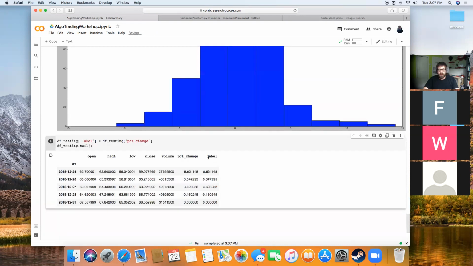So I just have another column here, which is a copy of the percentage change. And now we will modify these values based on their value to put either -1, 1, or 0.